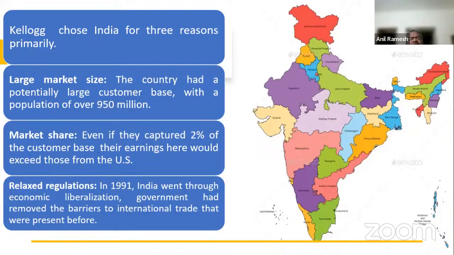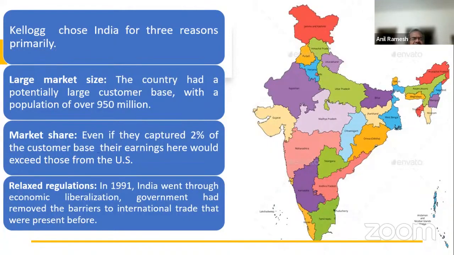A decent democratic process, mostly safe and religious harmony, a variety of cultures, a lot of languages, an increasing middle class with slightly better disposable incomes. At that time, it had 950 million, so 95 crore population. This is one of the things that attracts most companies. So these are all the case facts.